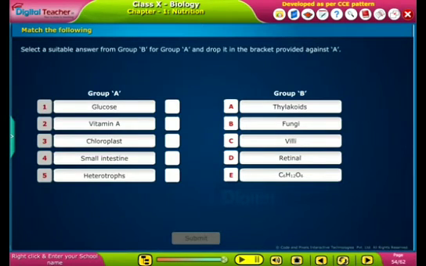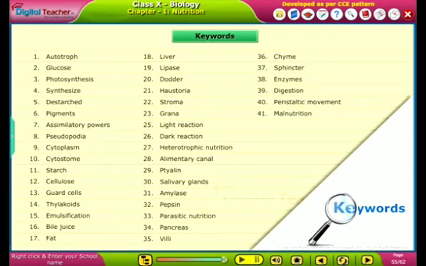Select suitable answer from Group B for Group A and drop it in bracket provided against A. Keywords. List of keywords are given on screen.